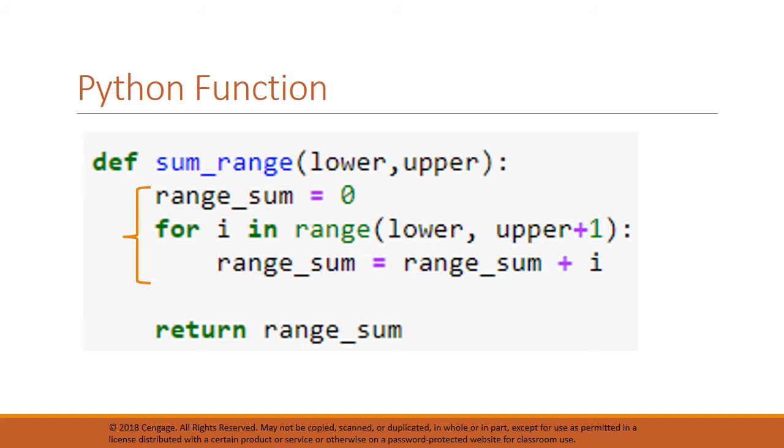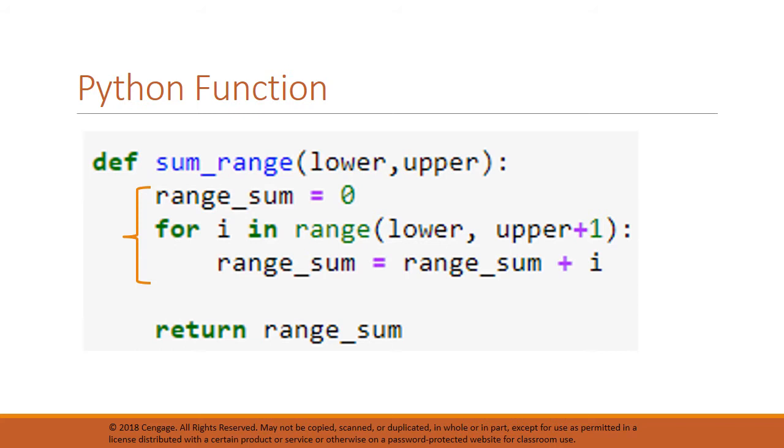So the code that we're going to implement within this function is the code that we had previously duplicated. So we're going to initialize the range sum to 0, and then we're going to use a for loop to iterate through the range from lower to upper plus 1, and we're going to add those integers to the sum.